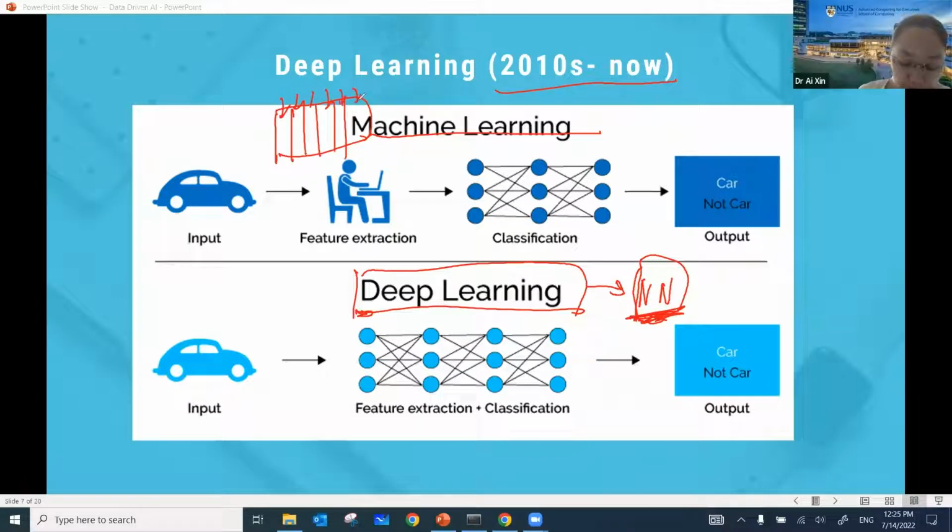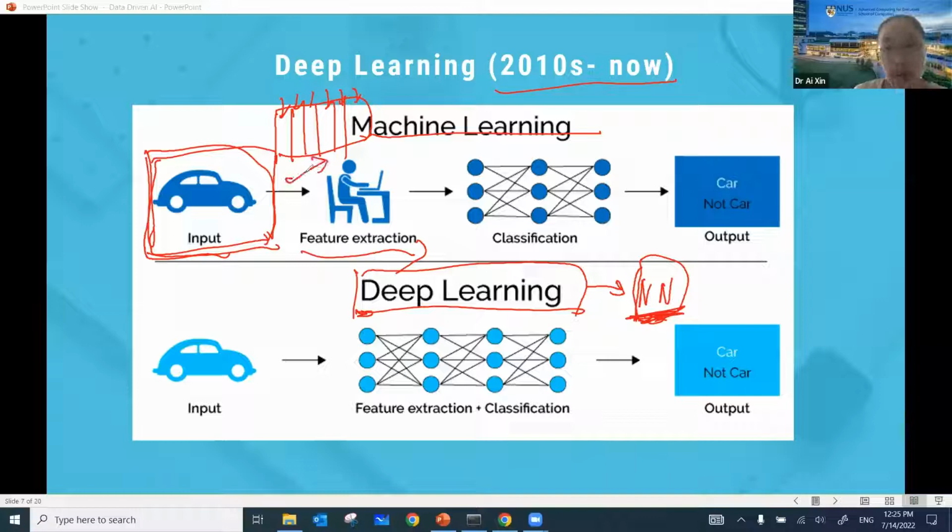So in the past, when we wanted to do some image task, for example identify whether there is a car inside this image, normally we would do a feature extraction first. We would convert this image into tabular data. We may come up with some features, like, is there any circle inside the image? Is there any rectangle?